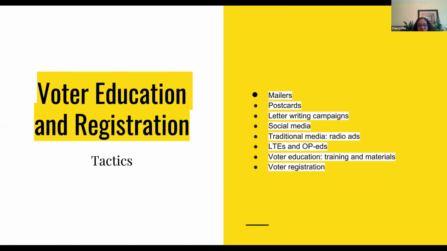And also you can do letter writing campaigns, use social media, traditional media, letters to the editors and op-eds. And then Caitlin, as she mentioned, You Can Vote has resources. Democracy North Carolina has tons of resources. And we're also available to come and offer training. And then we're happy to also do train the trainer so that you can set up your own training.